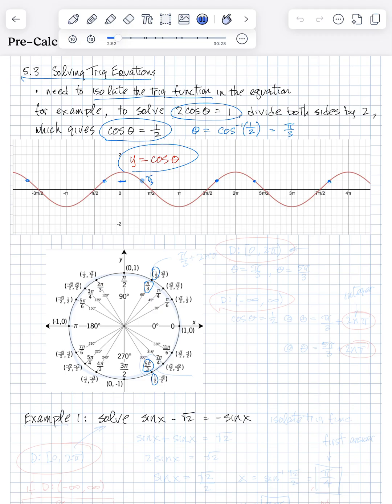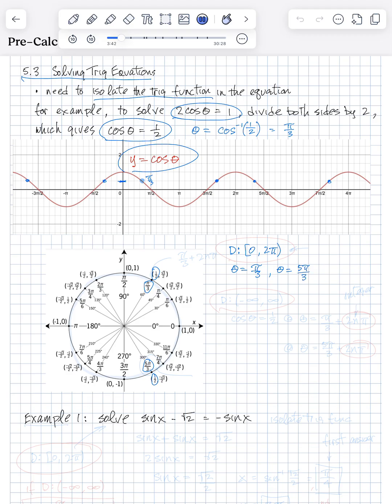And so if we were to look at a domain of, let's say, just one revolution, our domain is going to be 0 to 2 pi. And the cosine of theta equals 1/2 only at 2 places in 0 to 2 pi. And it's theta equals pi over 3 and theta equals 5 pi over 3.